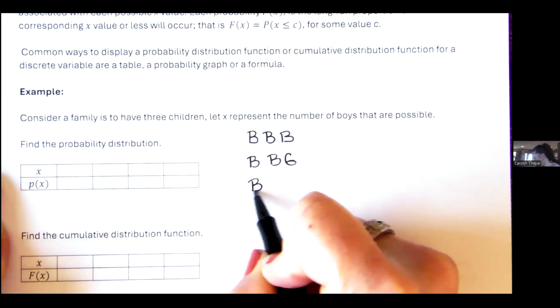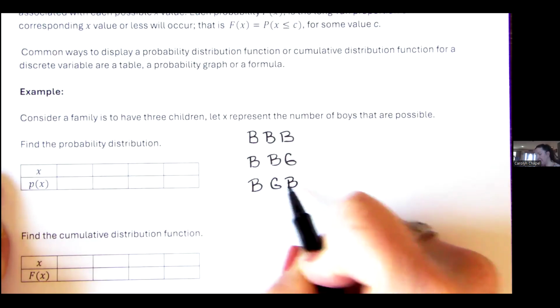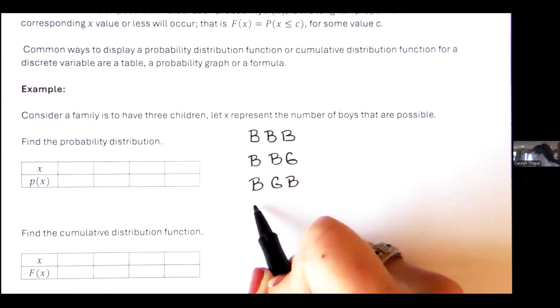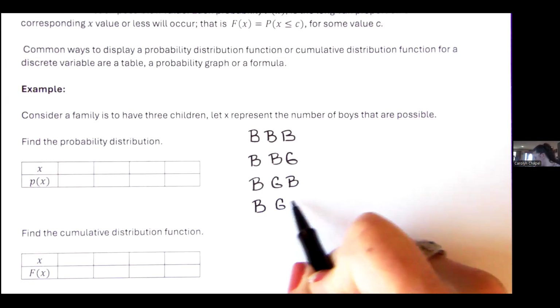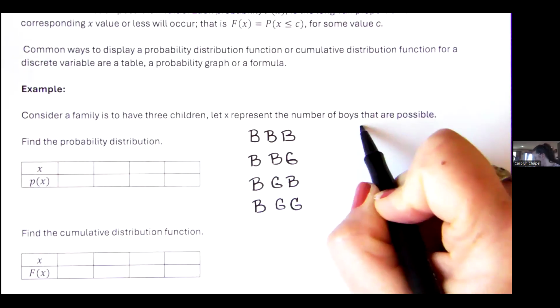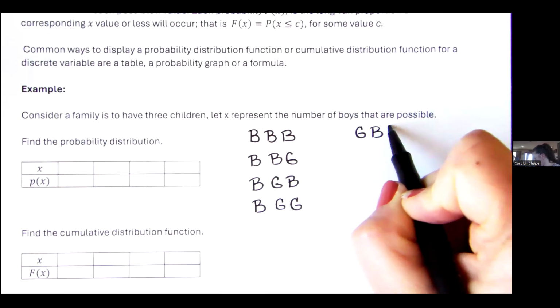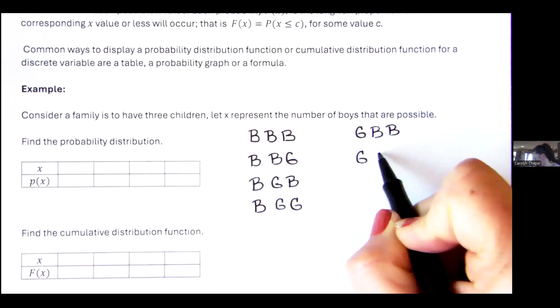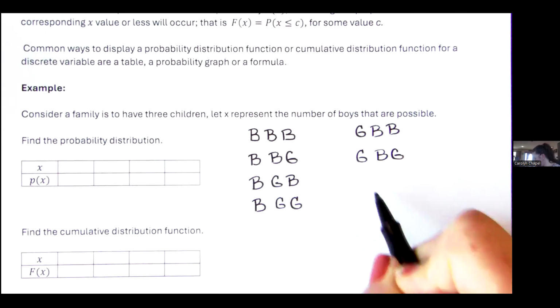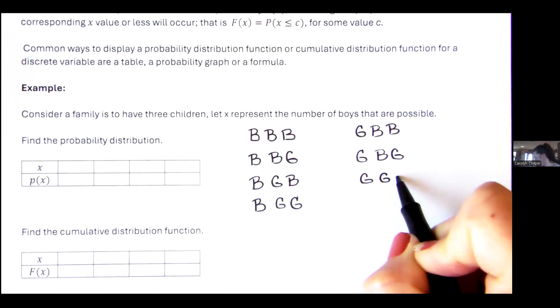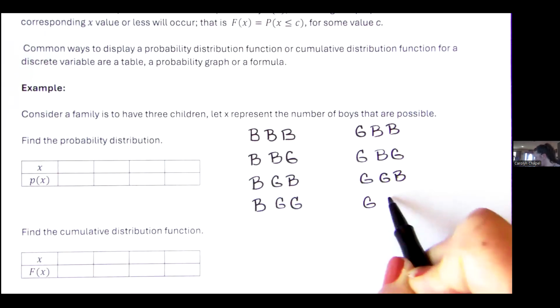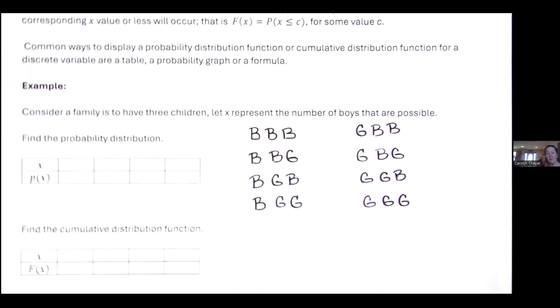Could have a boy, a girl, and a boy. So this is like their birth order. A boy, a girl, and a girl. I'm going to do a girl, a boy, and a boy. A girl, a boy, and then a girl. A girl, a girl, and then a boy. Or I could have had all 3 girls.